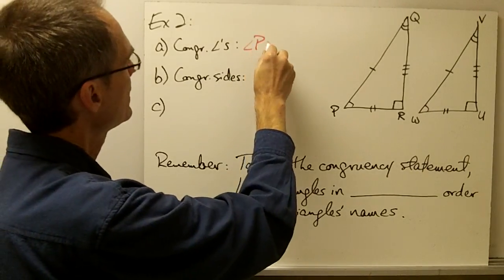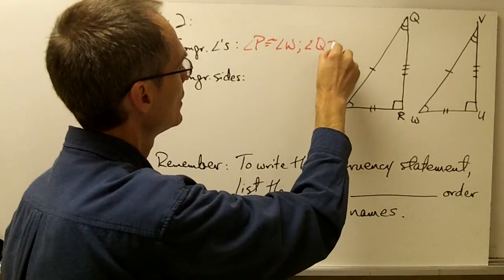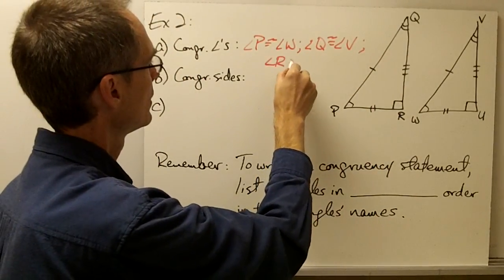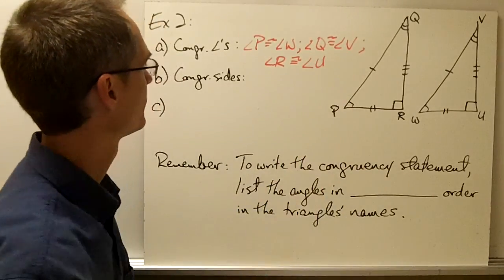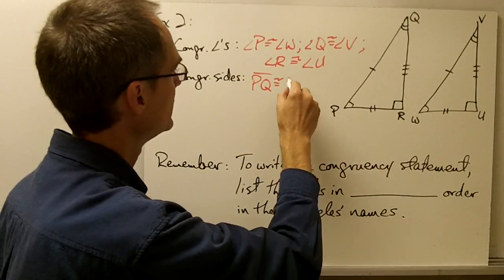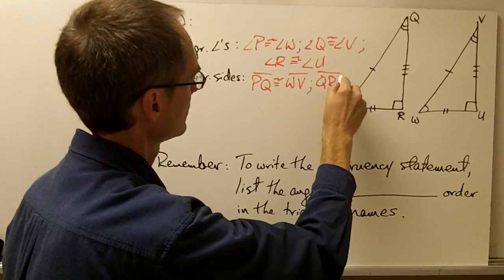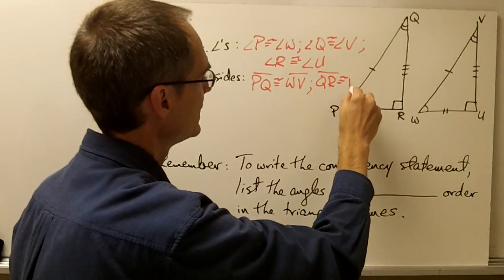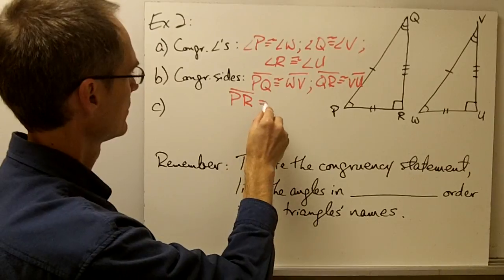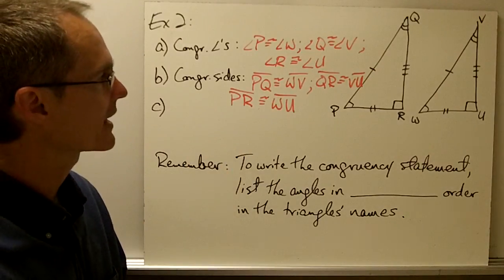So let's see, angle P congruent to angle W. Angle Q is congruent to angle V, and angle R is congruent to angle U. My congruent sides, PQ congruent to WV, QR is congruent to VU, and let's see, PR is congruent to WU.